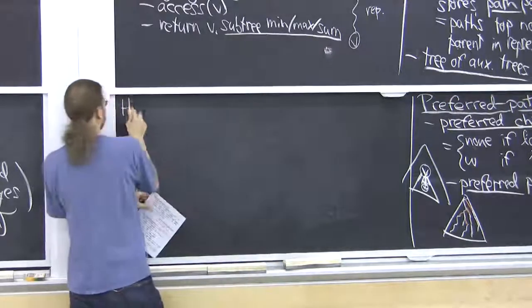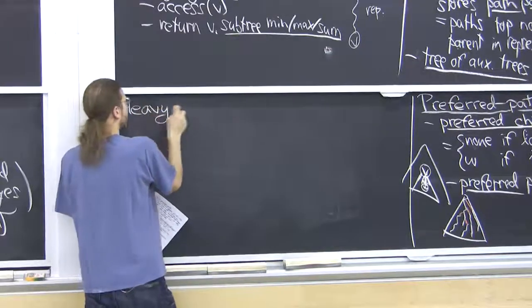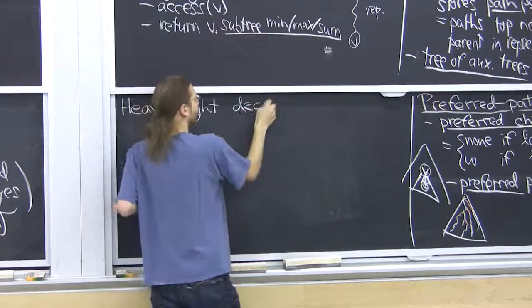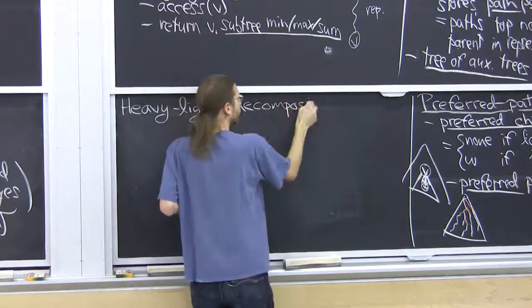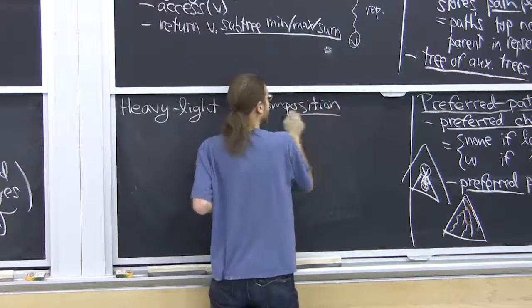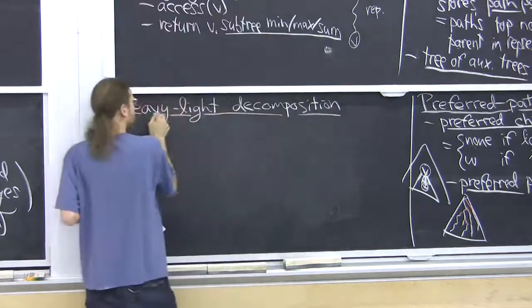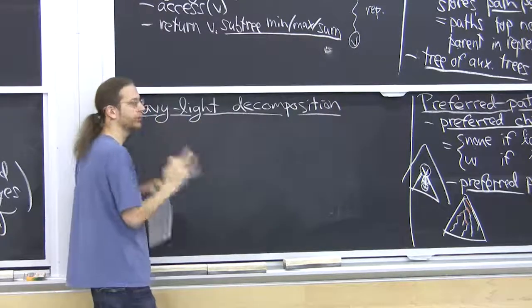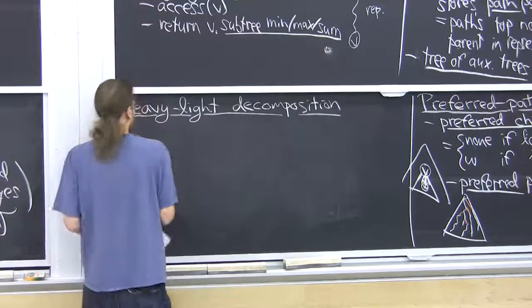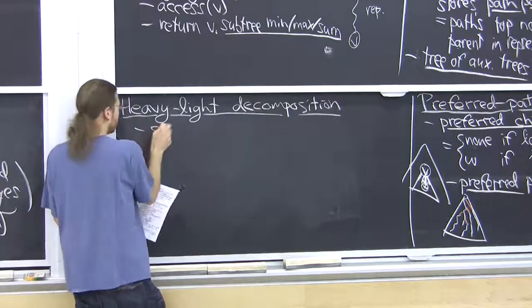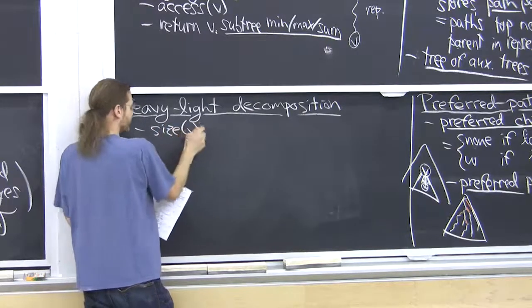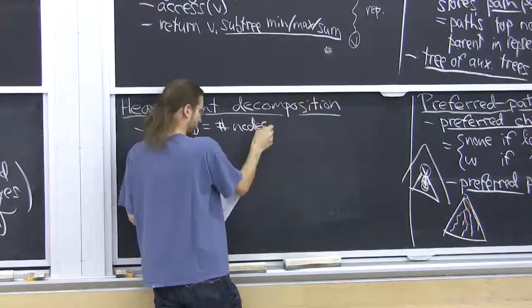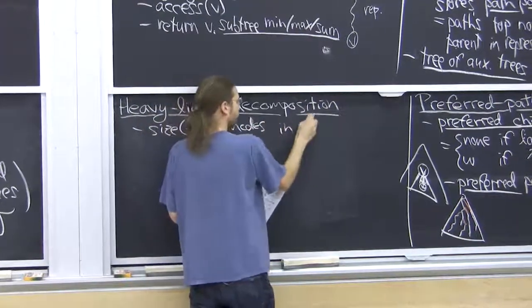So heavy light decomposition. This is another way to decompose a tree into paths. So heavy light decomposition is again going to apply to the represented tree, not the tree of auxiliary trees. It's like an intrinsic thing. It's very simple. We define the size of a node to be the number of nodes in that subtree. We've done this many times, I think.